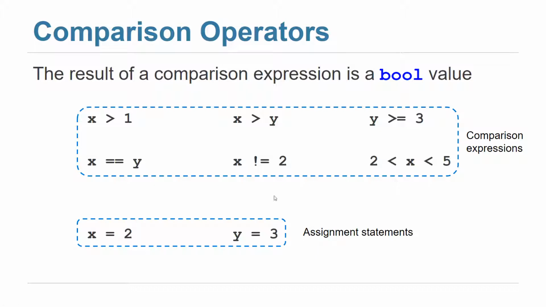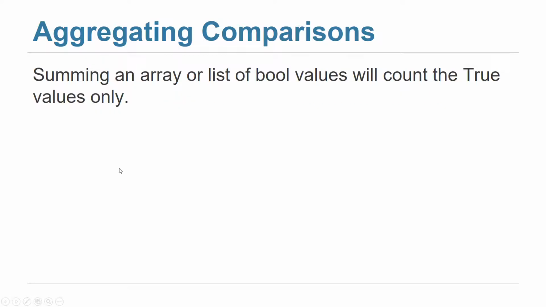And of course, this one is different from that, right? This one is an assignment statement. This one is a logical expression. Okay, so now that we did a comparison, we can also aggregate comparisons. Okay, what does that mean?